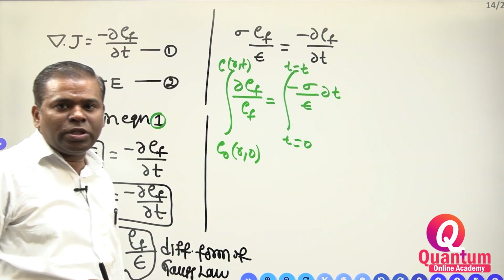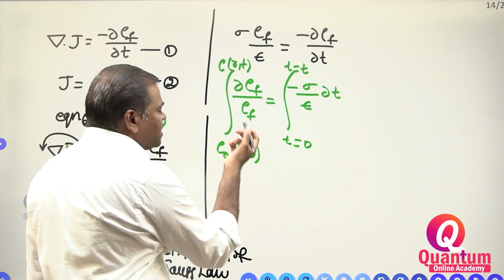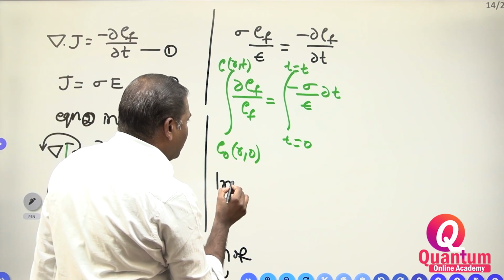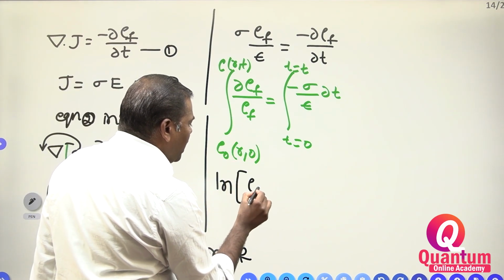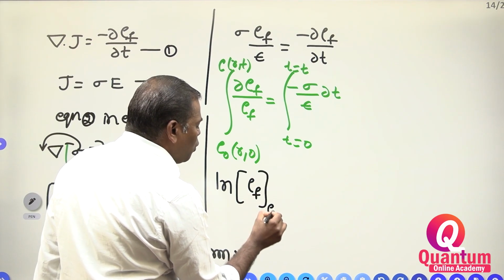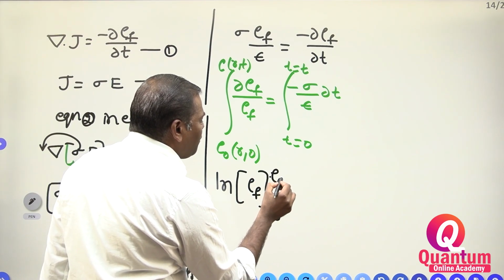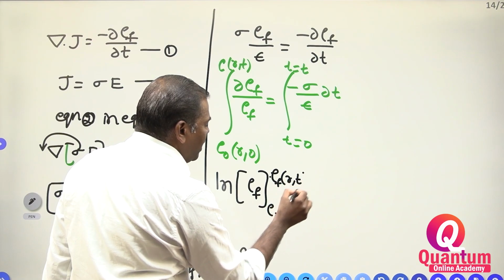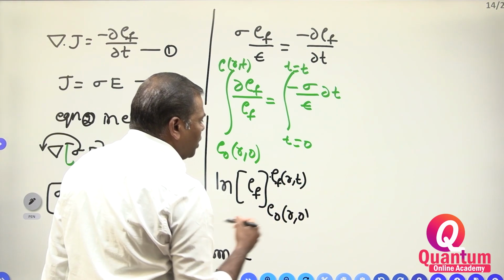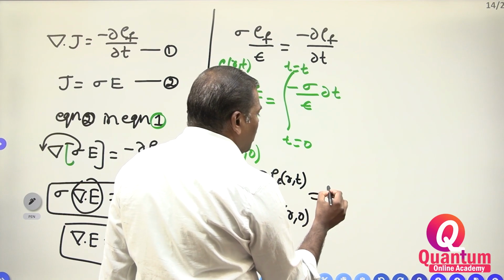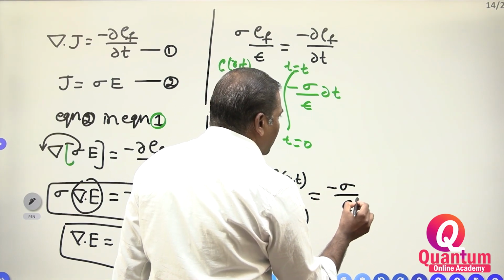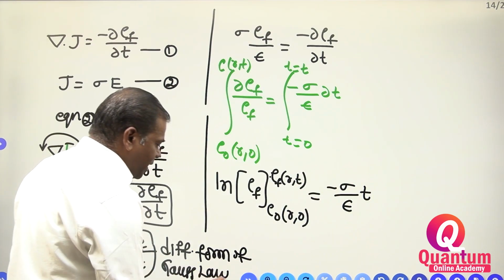Integral dx by x is equal to ln x. So ln rho f between rho naught and rho f of r comma t is equal to minus sigma by epsilon into t.